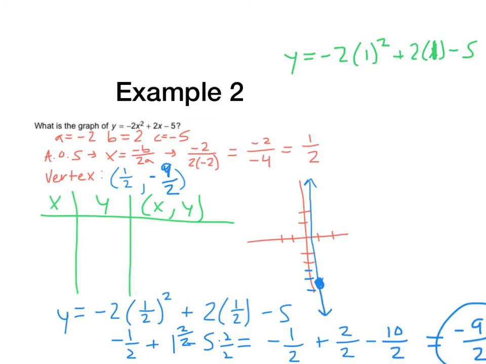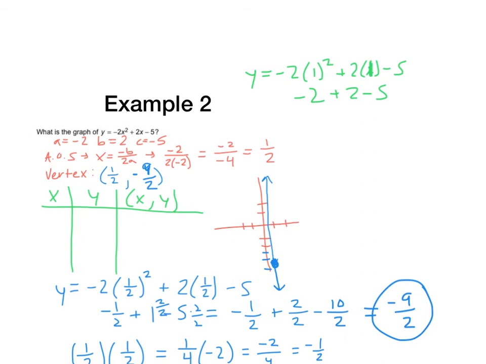And what's 1 times -2? -2. So we get a -2 plus, what's 2 times 1? 2. And then a minus 5. So we have -2 plus 2, 0 minus 5, -5. So when we plug 1 in, we get -5. So our first point is going to be 1, -5.